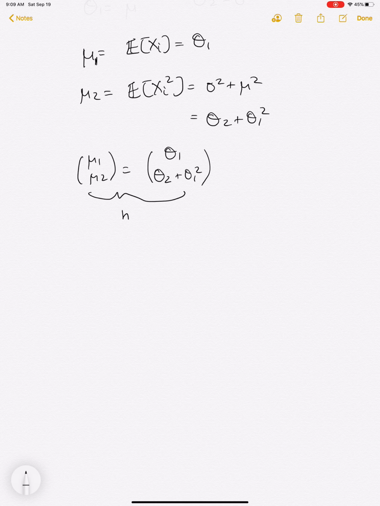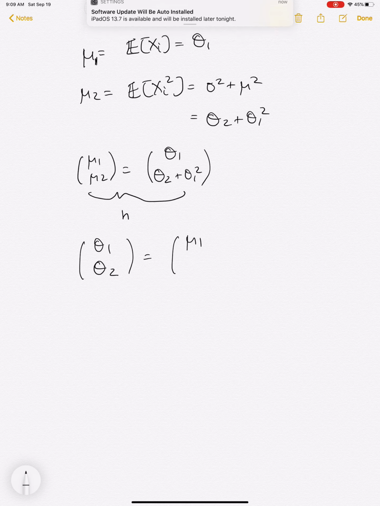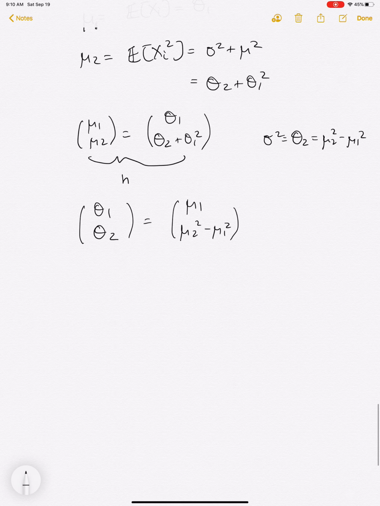Theta 1 is just going to equal mu 1, and because we know that theta 1 is mu 1, it's fairly straightforward to invert for sigma squared. We know that sigma squared equals theta 2, which is equal to mu 2 minus mu 1 squared.